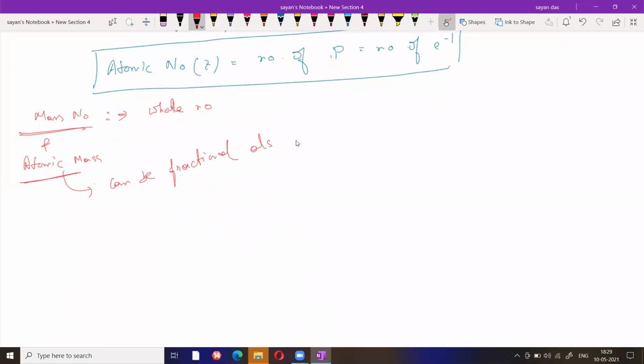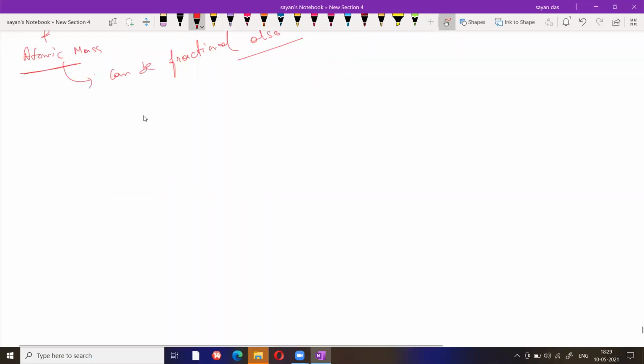Mass number of an atom equals number of protons plus number of neutrons.